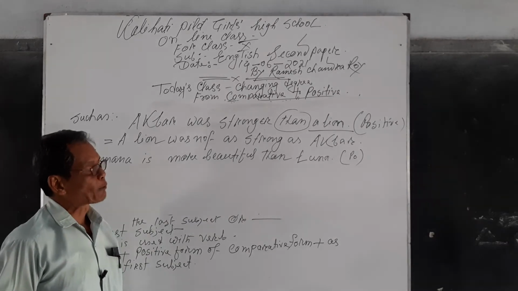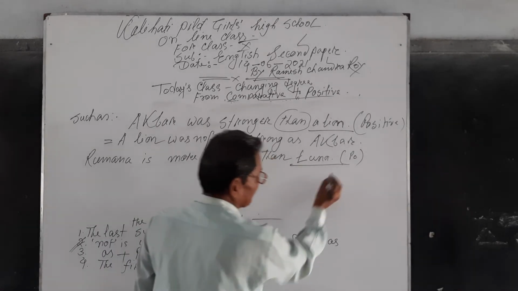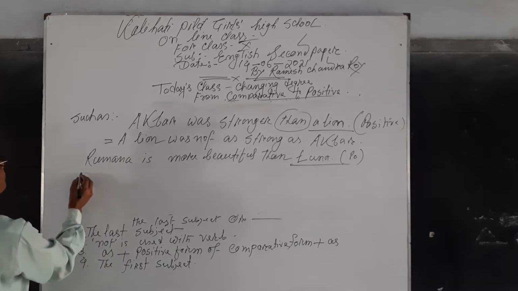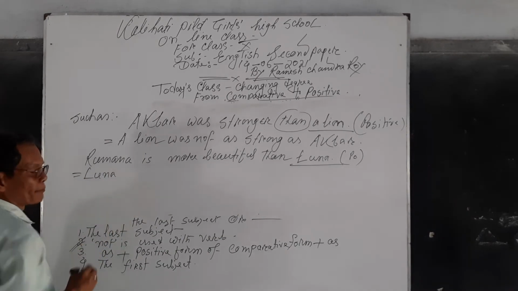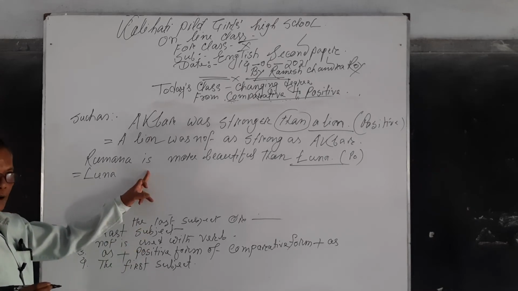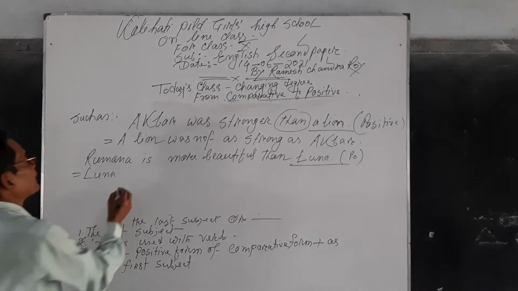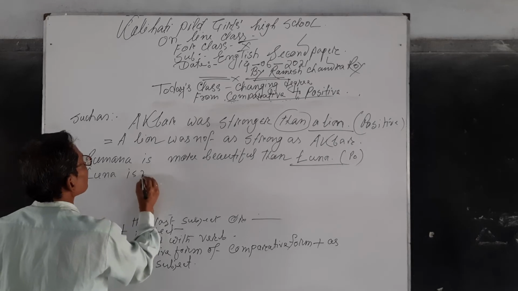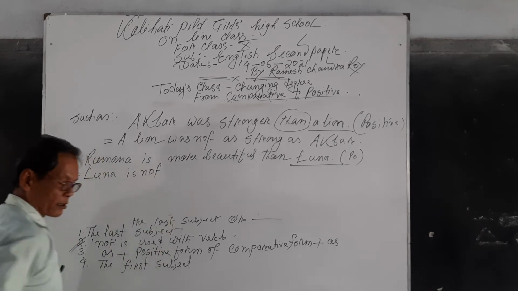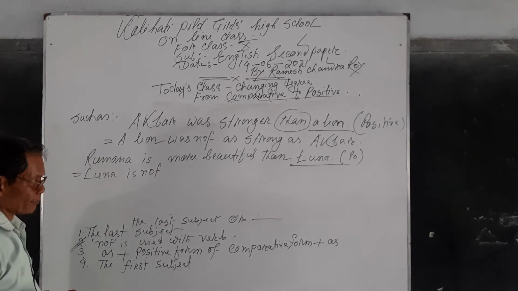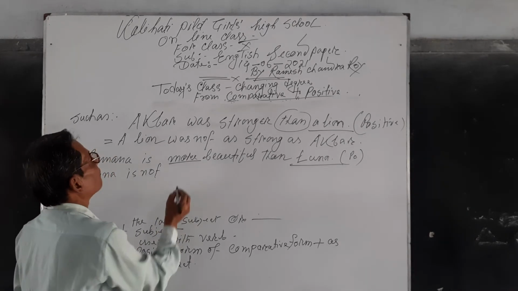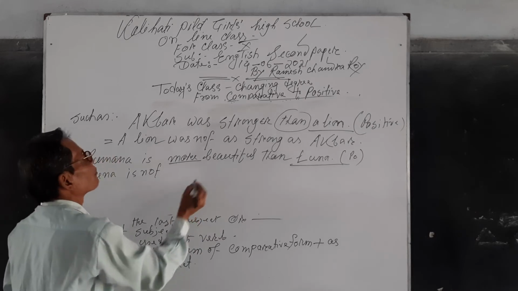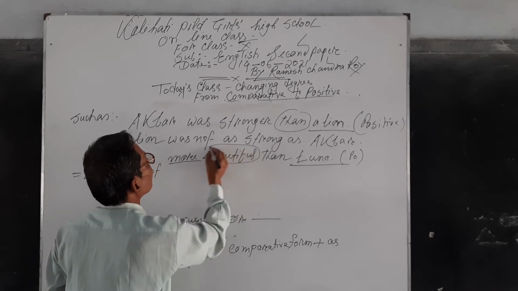Then we shall have to take at first the last subject, Luna. The verb here is, and not is used: is not. More is removed from the comparative form and the positive form is only beautiful.